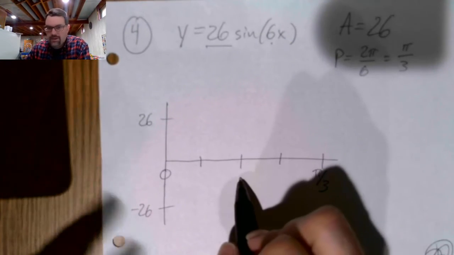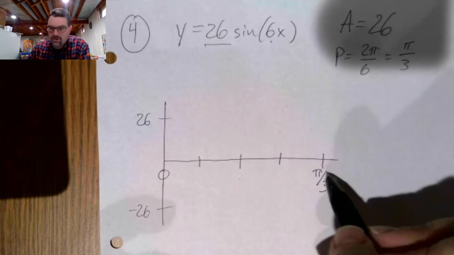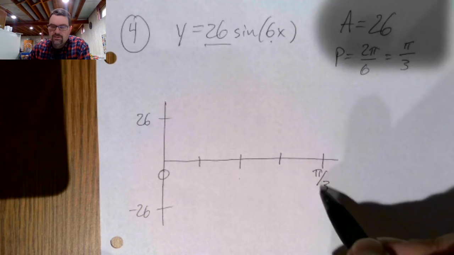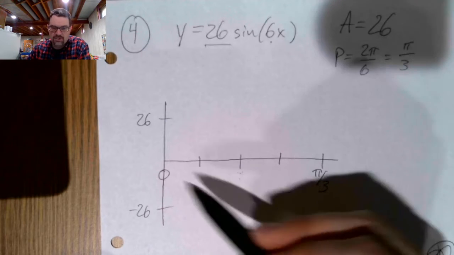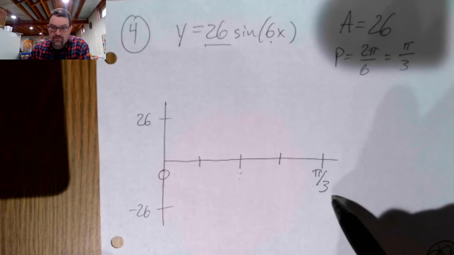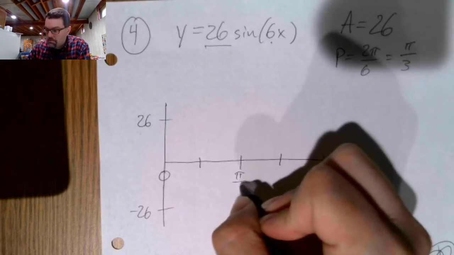Alright, well, maybe you could figure out some of these just by thinking about it. A third of a pi, remember? They're all going to have pi now. And we just need to figure out what those fractions are. But this is a half of this amount because we got 0 on the left. Half of a third is a sixth. So you could just say, oh, pi over 6.